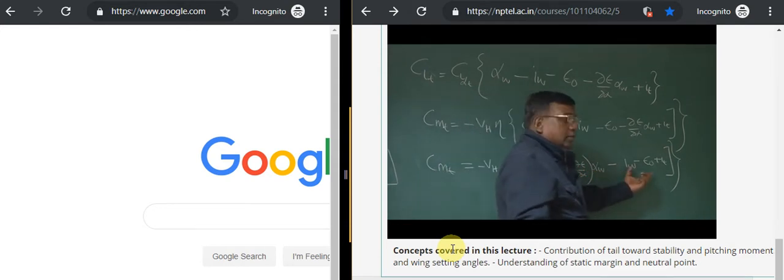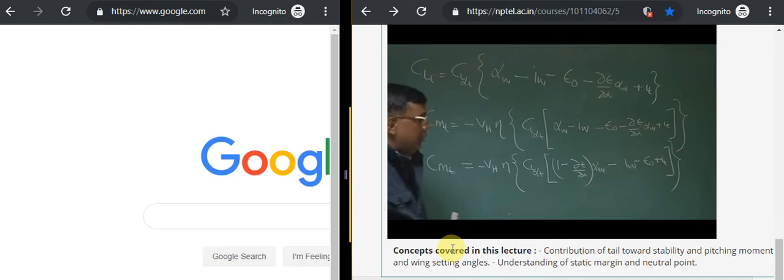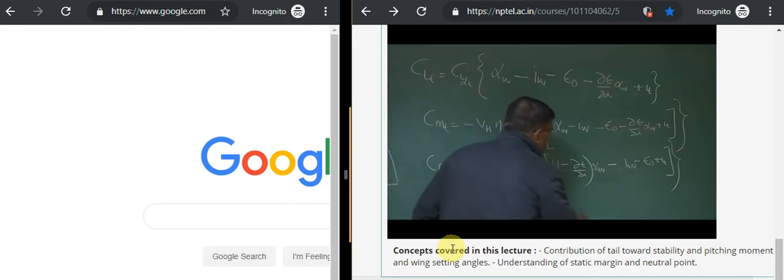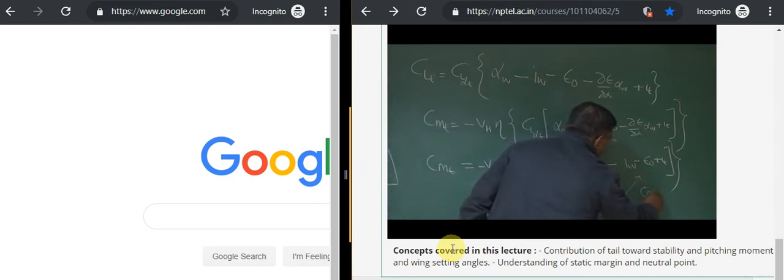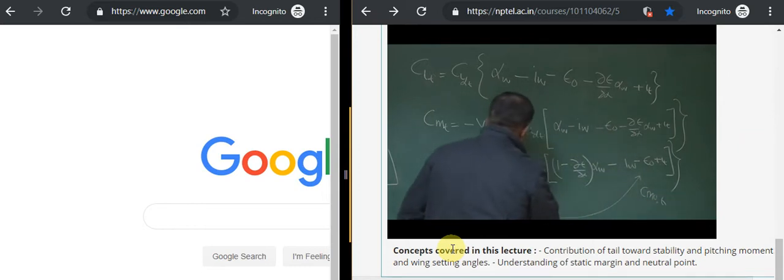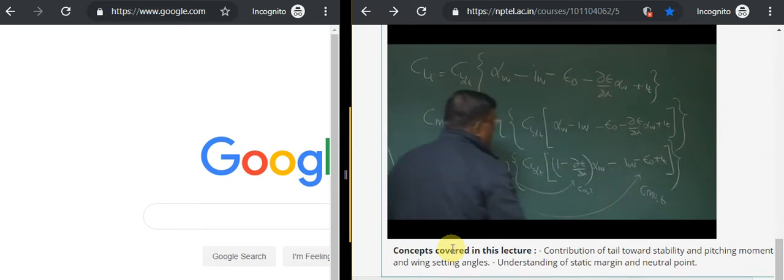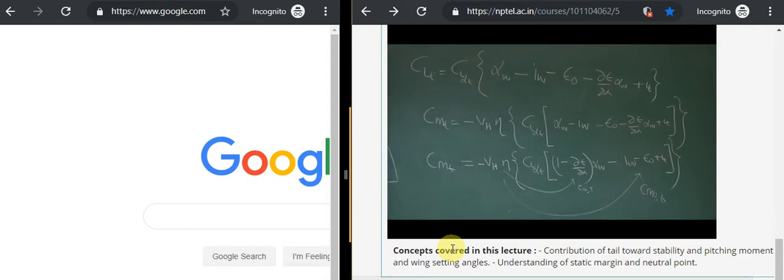So immediately your mind should think: this constant part will give me Cm naught tail, and this part will give me Cm alpha tail. So I can write Cm tail equal to Cm naught plus Cm alpha tail into alpha wing. If I do that, the expression I get is very simple, and you can handle it.